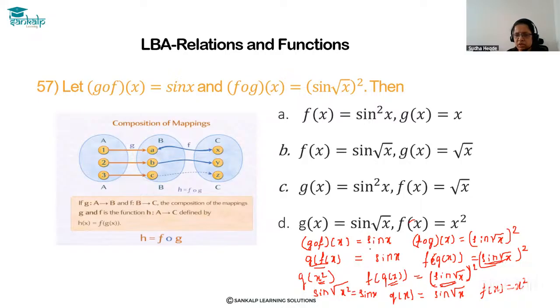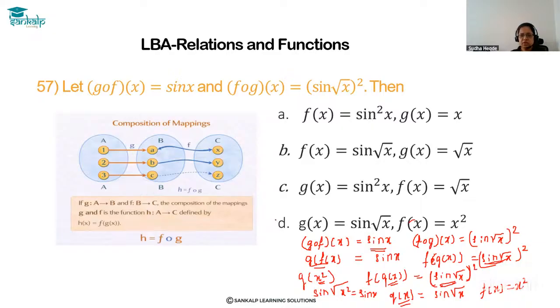So that's what they have given. Therefore, g(x) is equal to sin √x and f(x) is equal to x² is the correct option. Check the options.